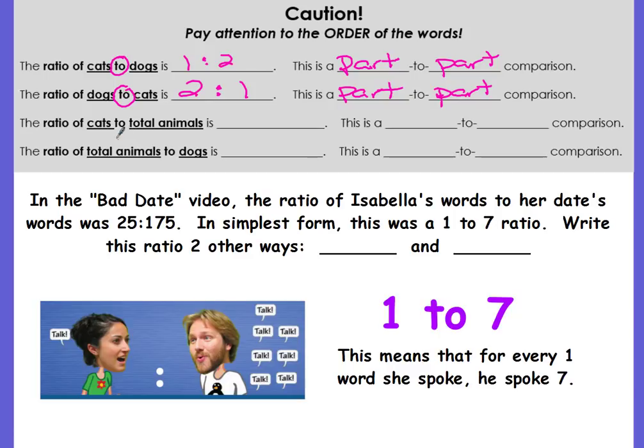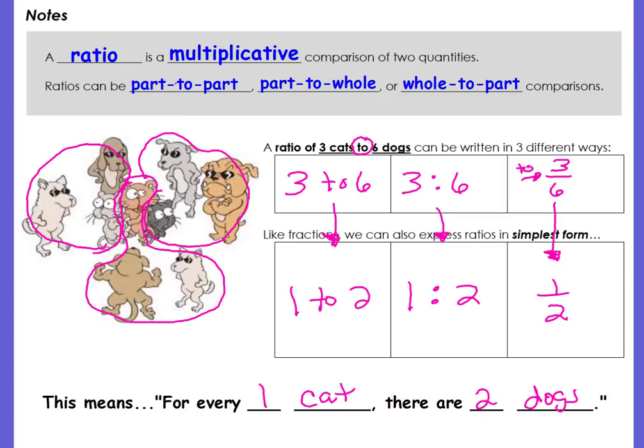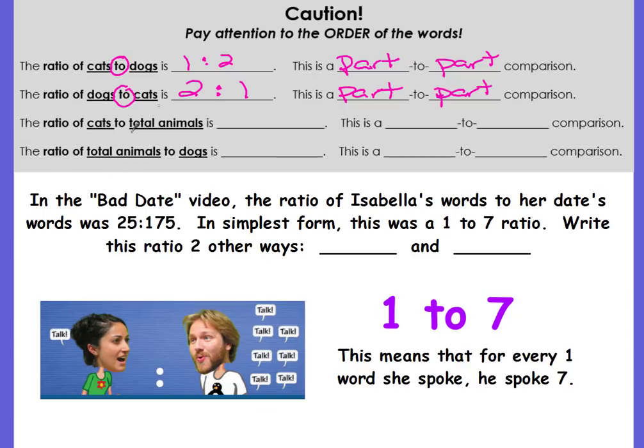The ratio of cats to total animals. Okay, well if we go back and look at our animals, there's a total of 9 animals. There are 3 cats and 6 dogs. So the number of cats would be 3 to a total of 9 animals.